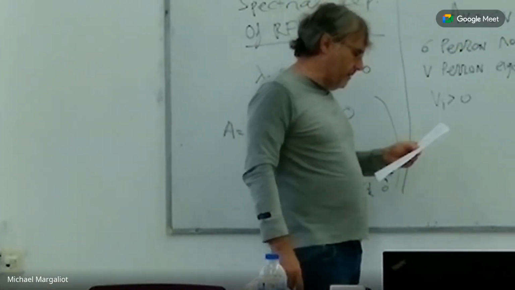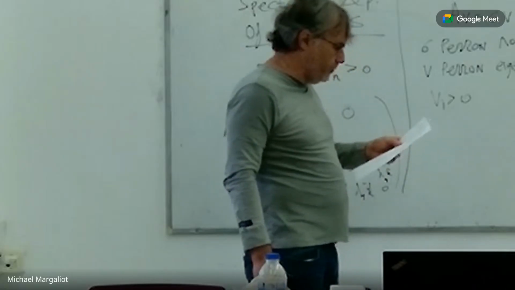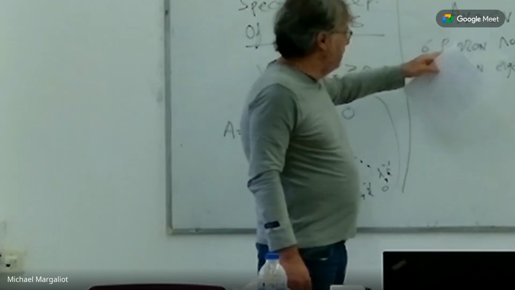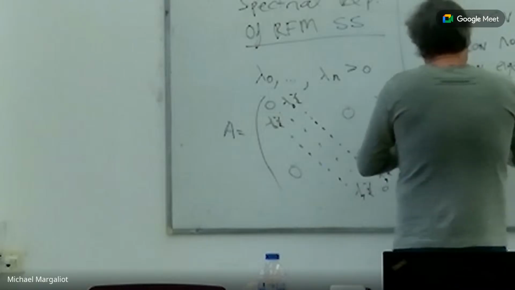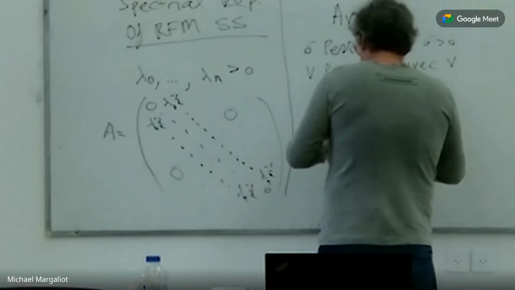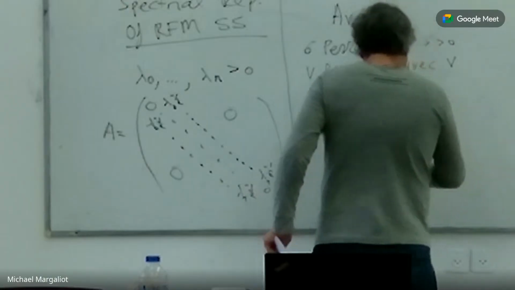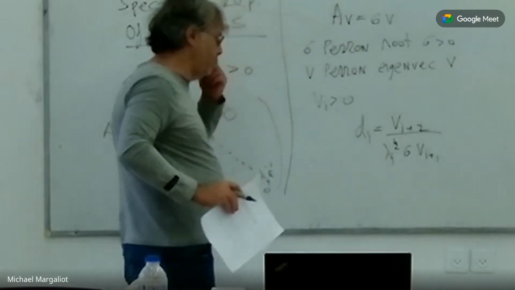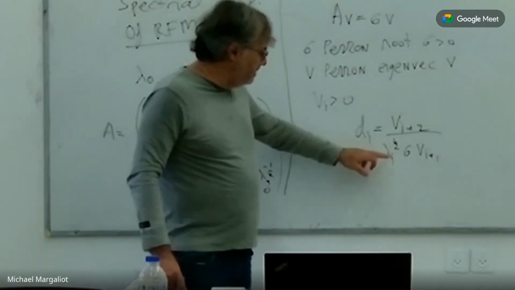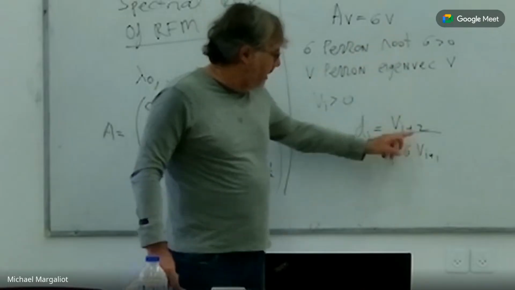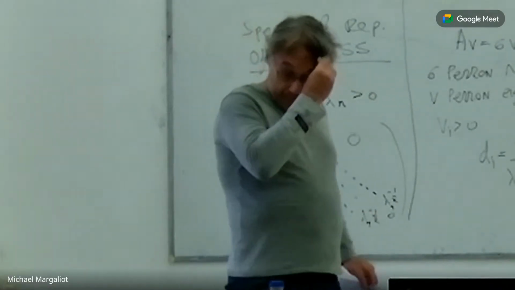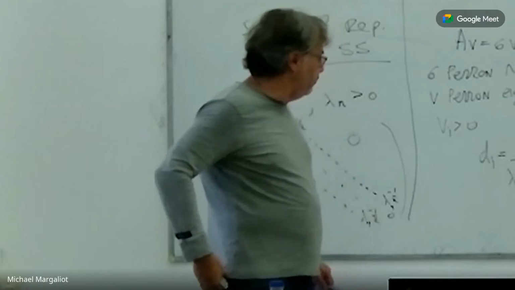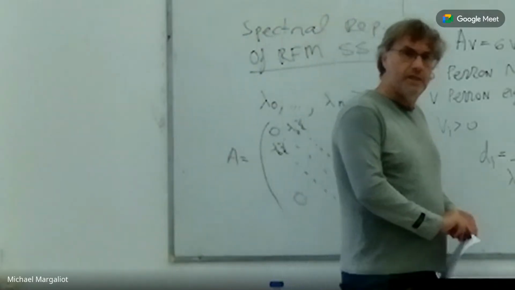And after making some manipulations, we defined variables d_i equal to v_i plus 2 lambda_i to the power 1/2 sigma v_i plus 1. We define such variables that depend on the rates, the Perron root and the entries of the Perron eigenvector.